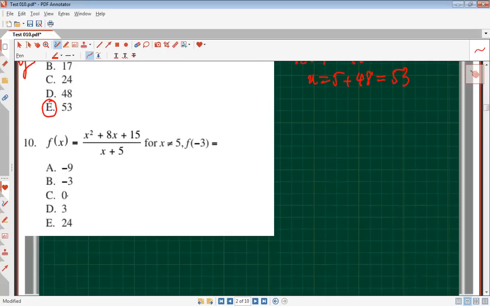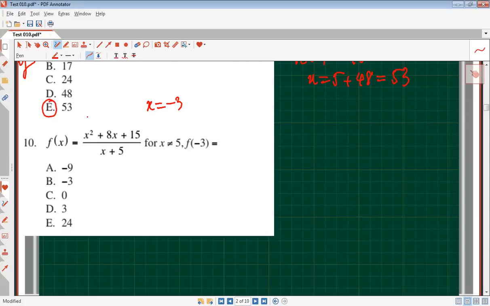Question number 10. This question is funny. It is easy. There are two ways to finish this question. The first way, we just take s equal to minus number 3, and then put it into the function.